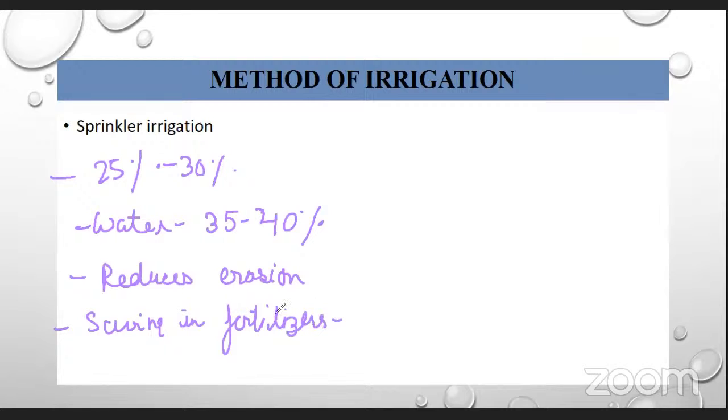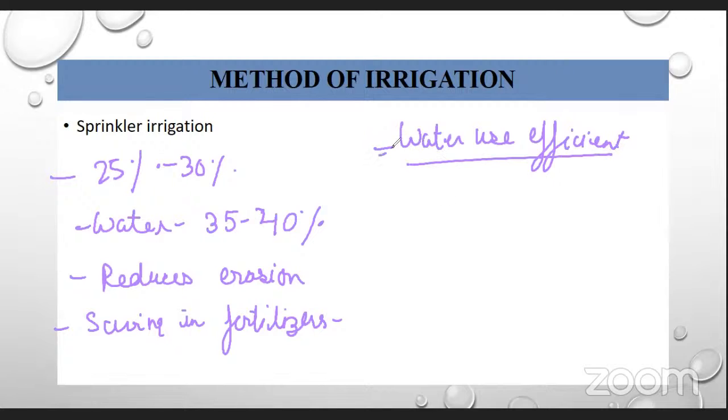maybe the foliar spray, whatever we are applying, that foliar spray we can give with this irrigation only. Okay, and you can also say that the water use efficiency can be increased by 3 to 4 times with the sprinkler compared to flooding in sandy soil.